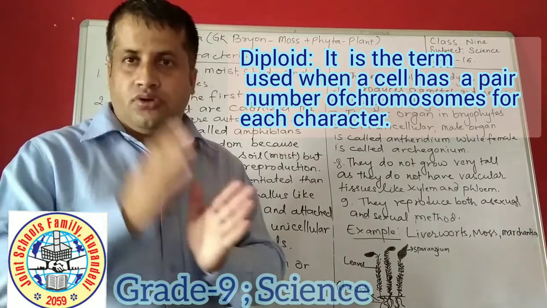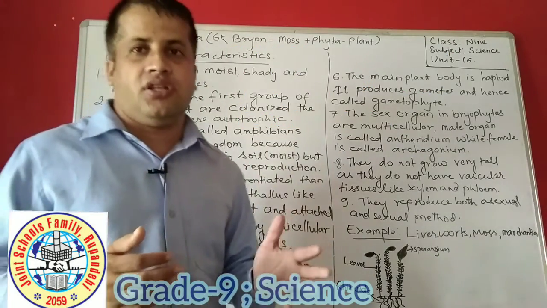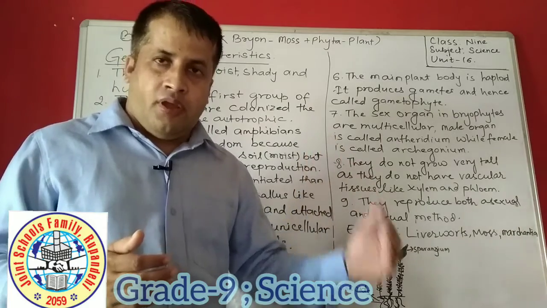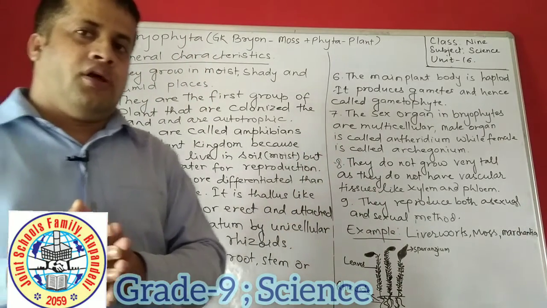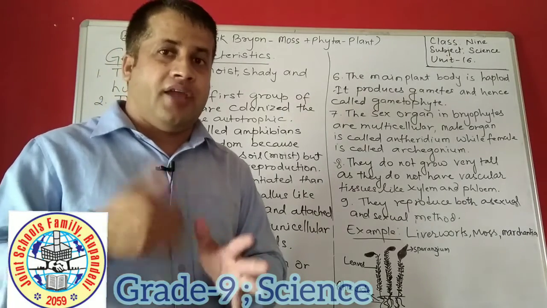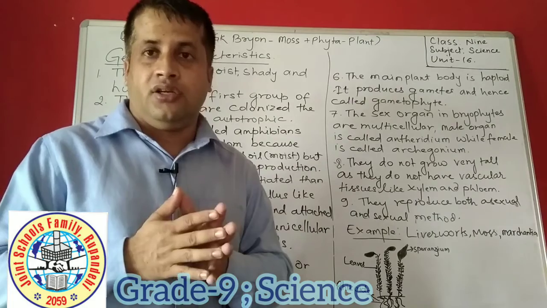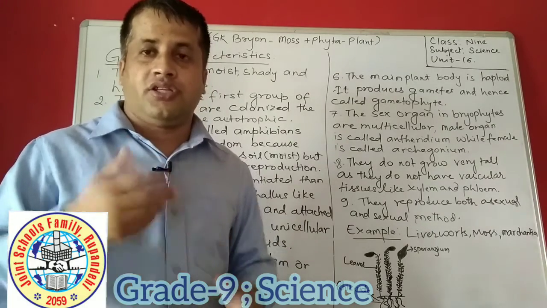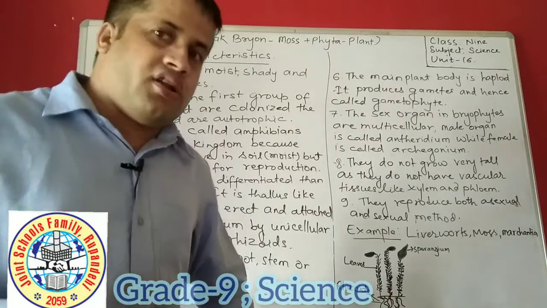That is called alternation of generation. About that we will discuss in the next class, when we study the higher plants, like the next topic, Pteridophyta, where we will discuss ferns.